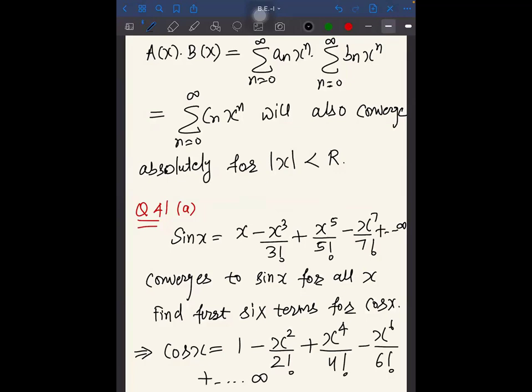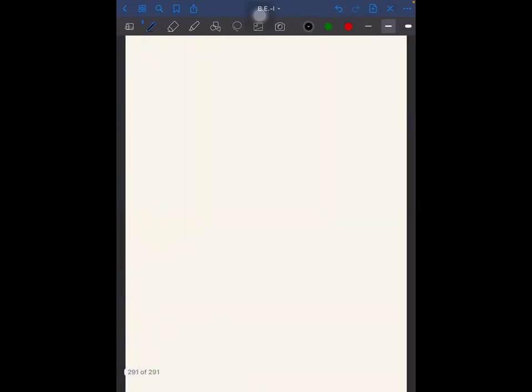Now, it's the B part actually. Let's say you want to find the power series for sin 2x. What are you going to do? There are 2 ways to do it. One is you just replace x by 2x and you will get that. Another way is you write sin 2x as 2 sin x cos x.